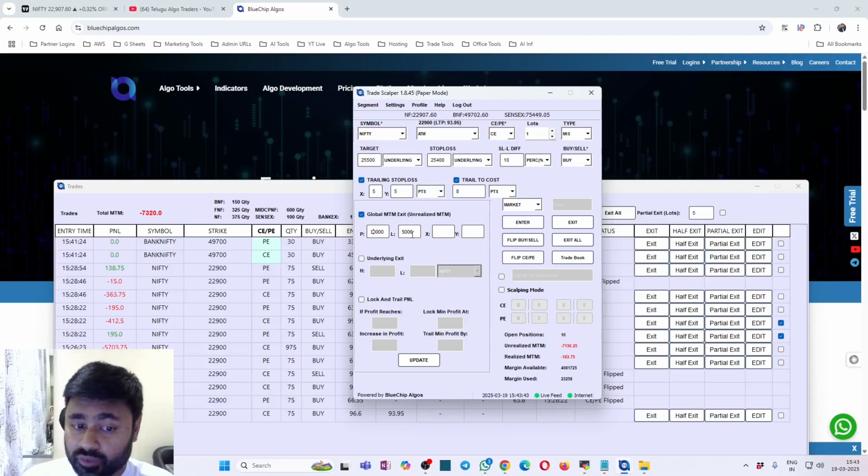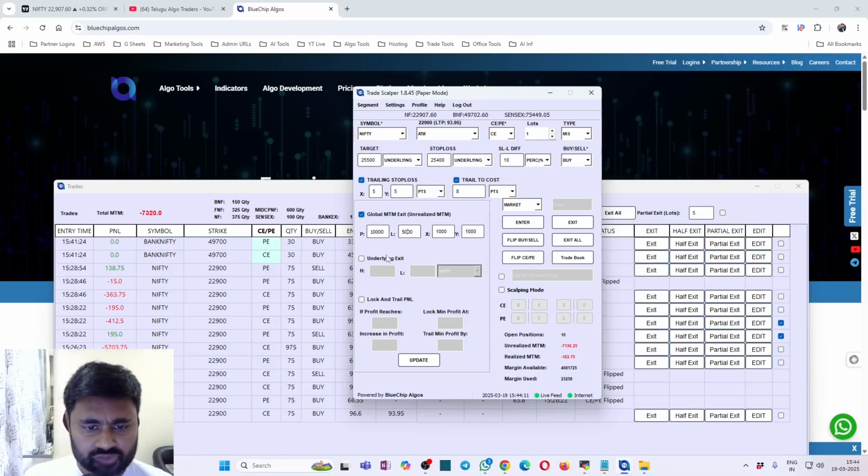After you enter these two, if you enter 1,000 here and 1,000 here, for every 1,000 rupees profit you get, this stop loss will be trailed by 1,000. Which means it becomes 5,000, 4,000, and then from 4,000 to 3,000, 3,000 to 2,000, 2,000 to 1,000, like that it keeps on trailing.